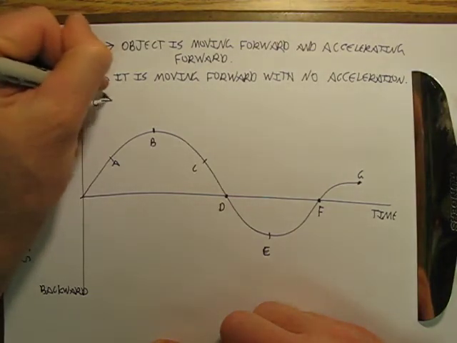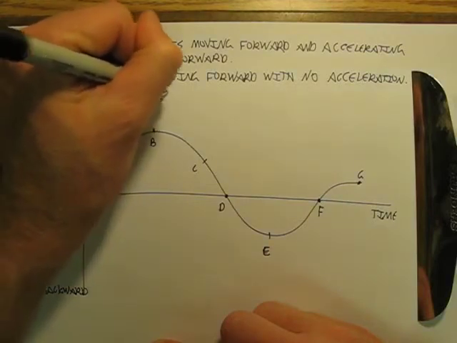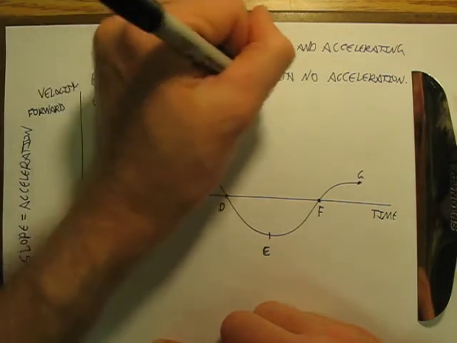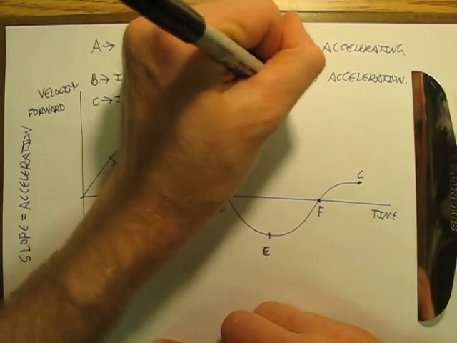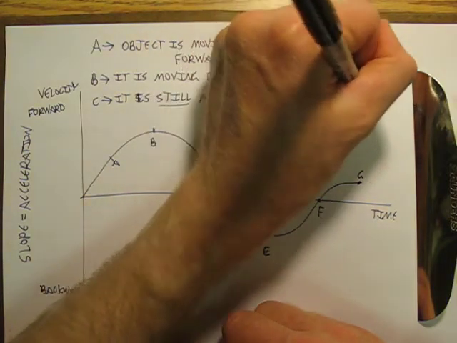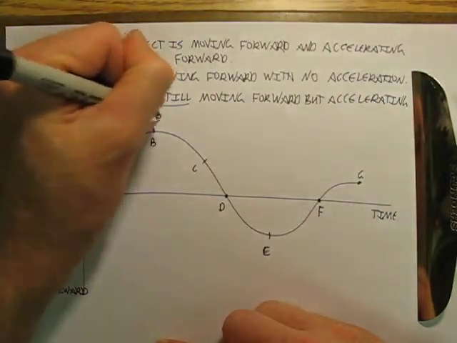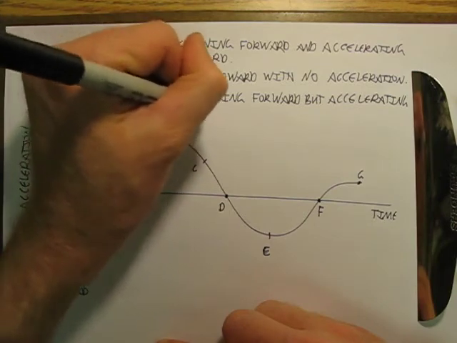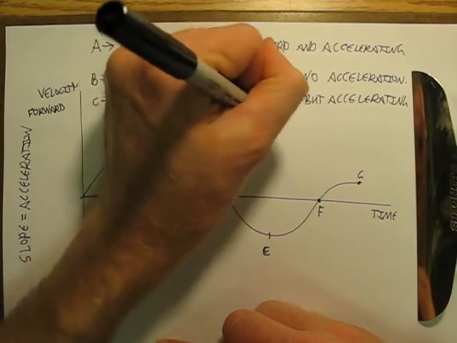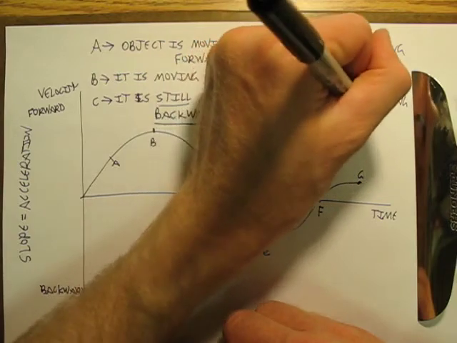At C, it is still moving forward, but accelerating backward, which means it is slowing down.